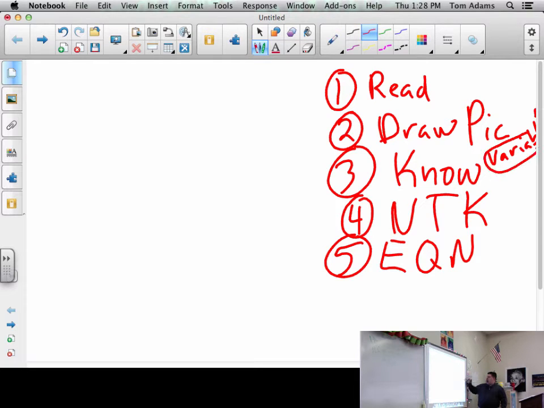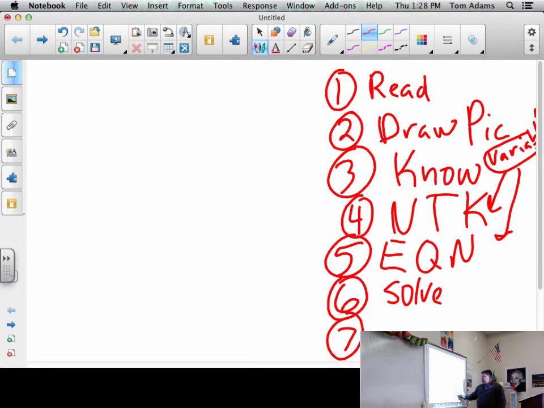The equation is going to have these variables in it. And what we need to know is also a variable. So those 3 parts are connected, but the equation we pick is based on what we have and what we need to know. So what we know and what we need to know is how we pick the equation. And then once we pick the equation, we solve. And then for number 7, we do a common sense double check and see if the answer makes sense.